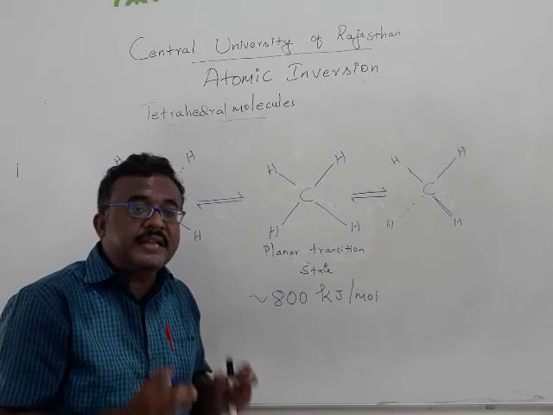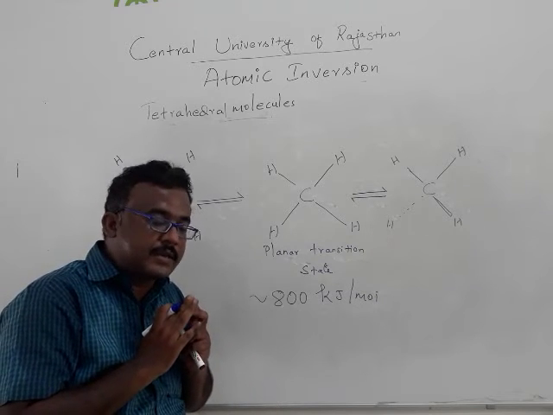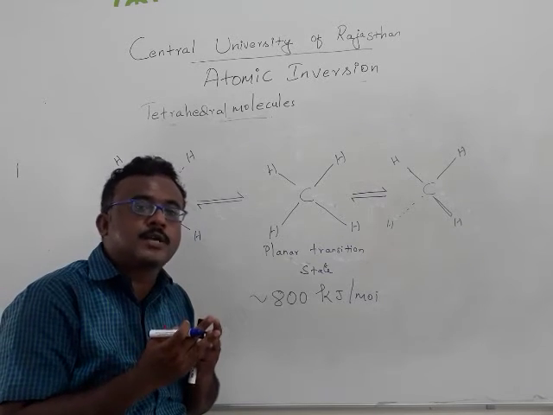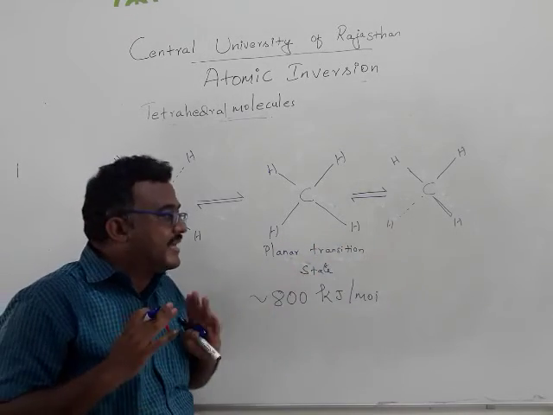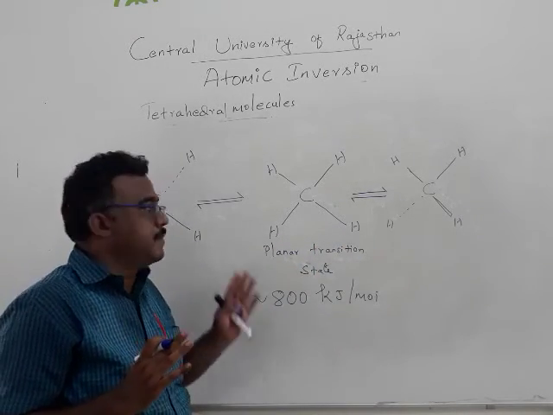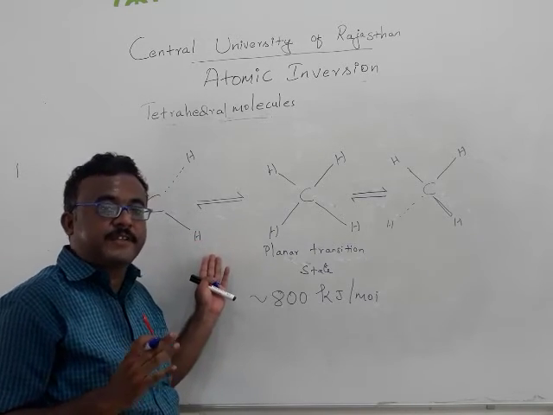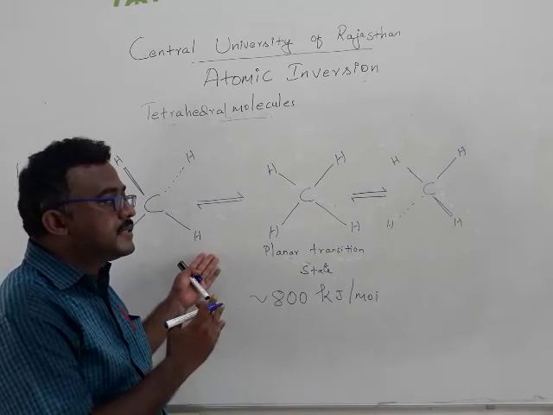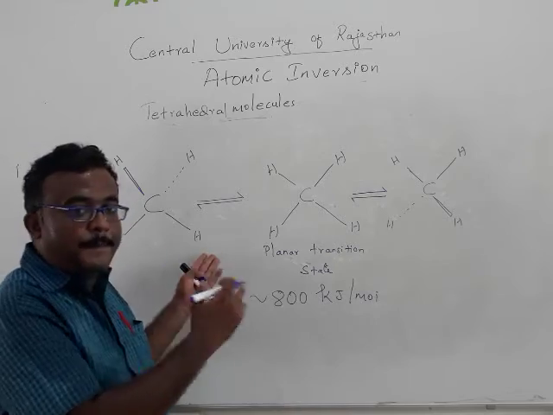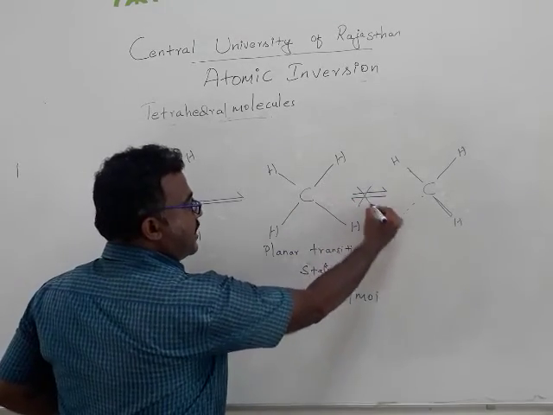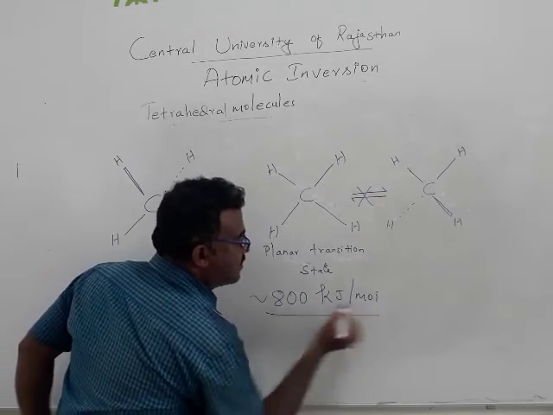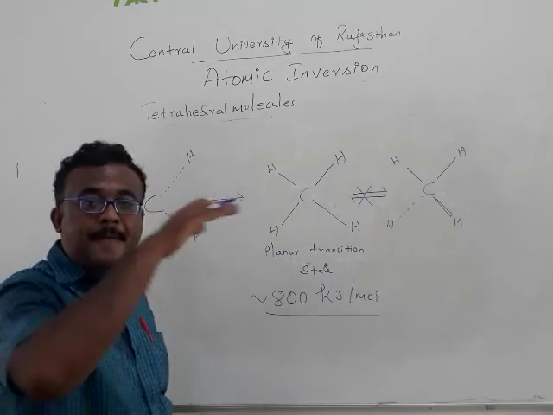So tetrahedral molecules will mostly never undergo inversion. They exist purely in tetrahedral geometry. Inversion is completely stopped in this case. The inversion will never occur because it has to cross this very high barrier.